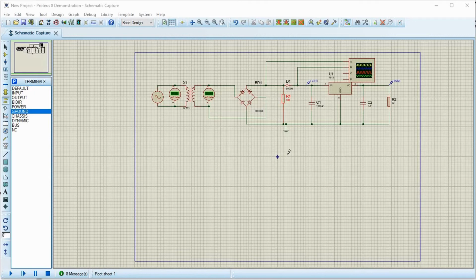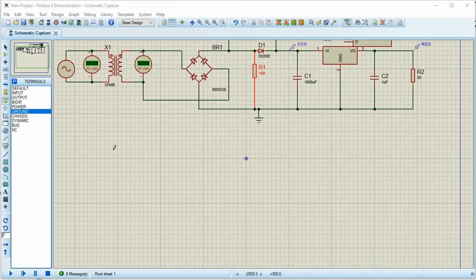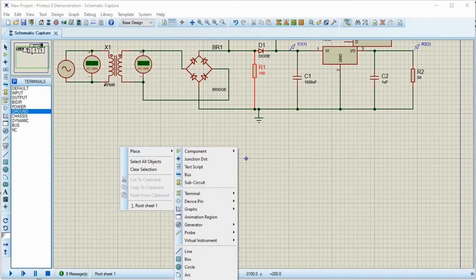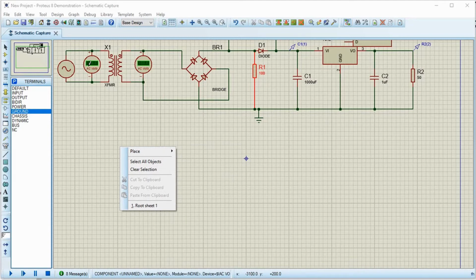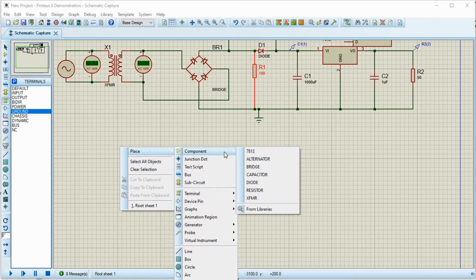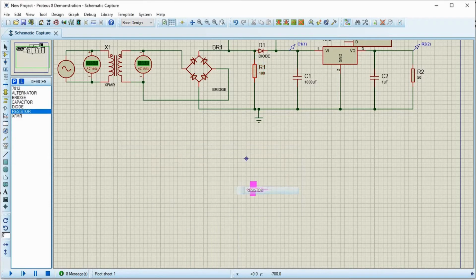For the sensing voltage, we will have a separate RC network which will reflect the 0 to 220 volt or 280 volt variation in 0 to 12 volt DC variation. So let's have a separate RC network.